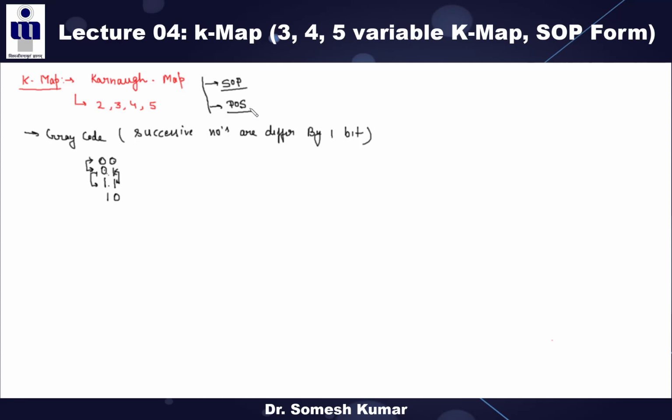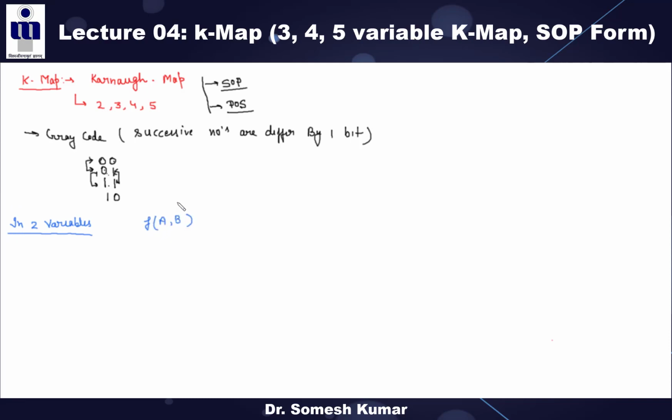Now we will take one particular example of two variables, and then we will go on to three variables and four variables. First I will tell you how to represent a K-map of two variables. For example, this is your function.